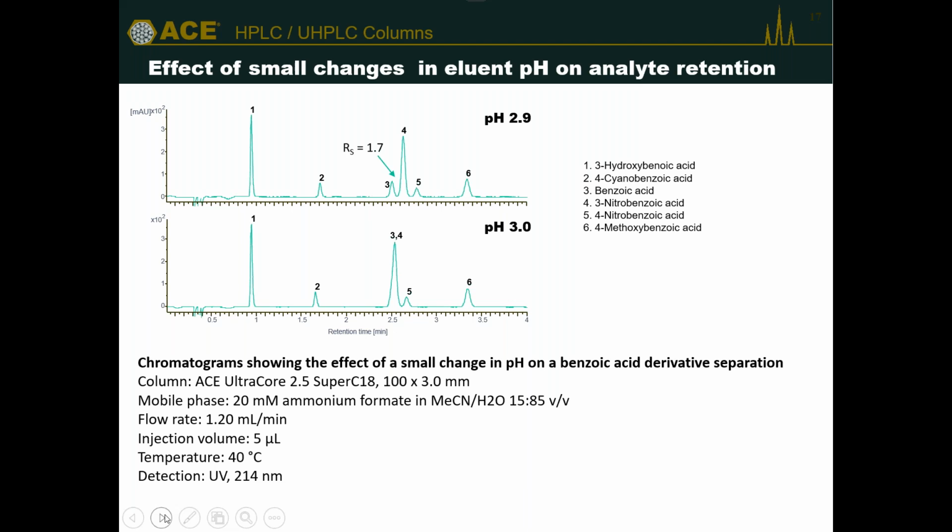So it's really worthwhile setting up good working practices, SOPs, to ensure that the pH is made up consistently every time. Now you could say, oh, maybe I'm working too close to the pKa. If pH 2.9 is the only place that you can get separation, you just have to make sure you are consistently making that mobile phase up, or do more method development to make sure you've moved away from that steep part of the titration curve.